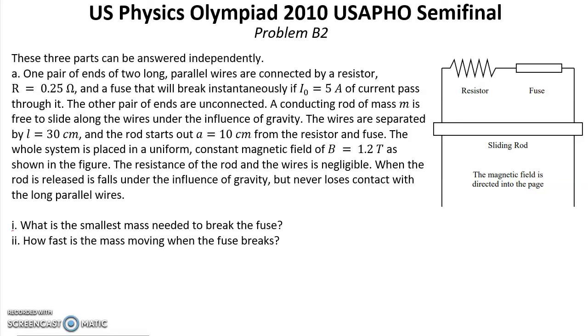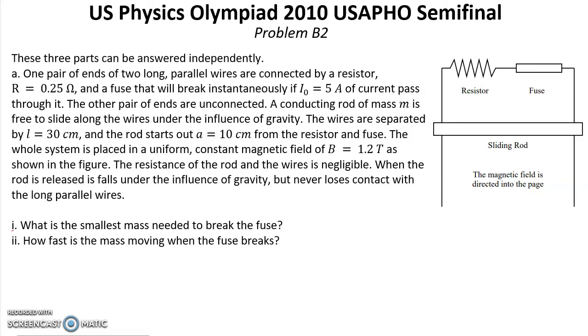Resistance equals 0.25 ohms. And a fuse that will break instantaneously if I0 current equal to 5 amperes is passed through it. The other pair of ends are unconnected.